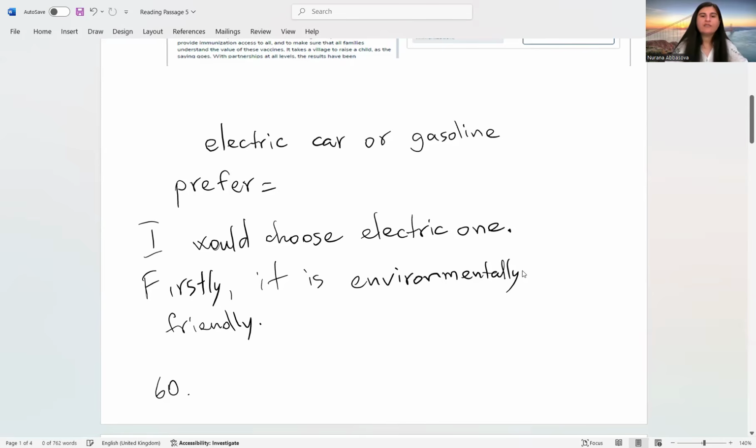As an environmentalist, I do care about our planet with so many problems, including global warming, ice melting, and so on. I think we all should take these things into consideration when we use something. So this is your first reason.